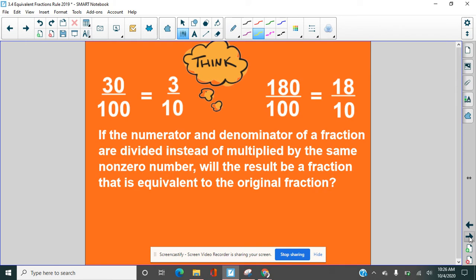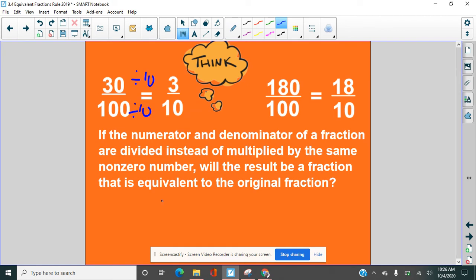Sometimes we use that rule to fill in missing numbers. Okay, we could even go backwards. Division and multiplication, we know that those are inverses. And so if we divide, and we won't do this a whole lot, but I want to show it to you, if you divide by the same thing on the top and the bottom, it works too, right? 30 divided by 10 equals 3, and 100 divided by 10 equals 10.